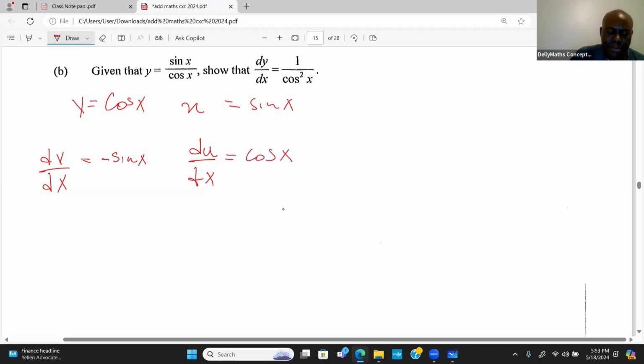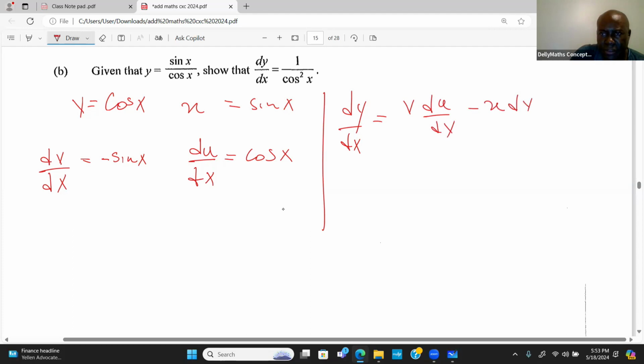So the formula is dy/dx equals v du/dx minus u dv/dx, all over v squared.